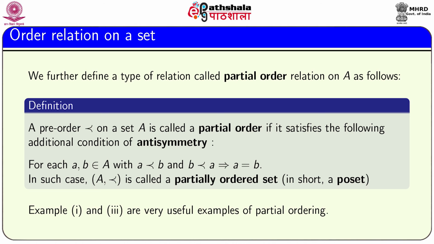Of course, as we have already pointed out, examples 1 and 3 are examples of partial ordering, but example 2 is not.